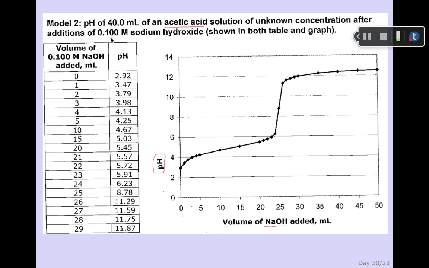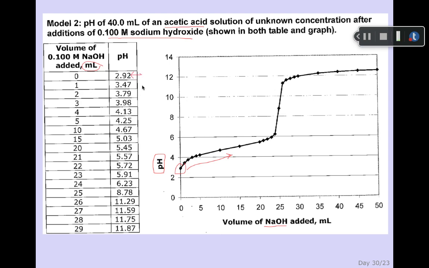And we're adding portions of the sodium hydroxide. How much you add is measured in milliliters here, and they measure the pH with each addition. So if you watch the graph, as you add more and more sodium hydroxide, the pH gradually increases, starting at the low point here, because you've got acetic acid to begin with, so that should be acidic. It starts out somewhere around almost pH 3.